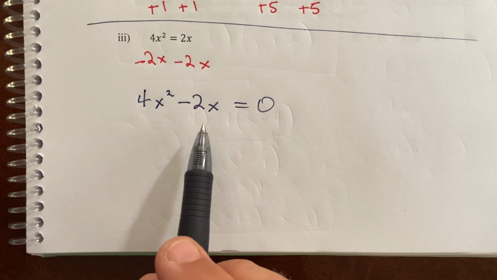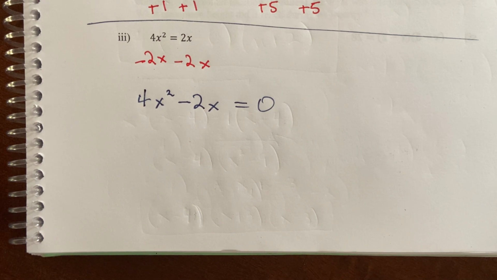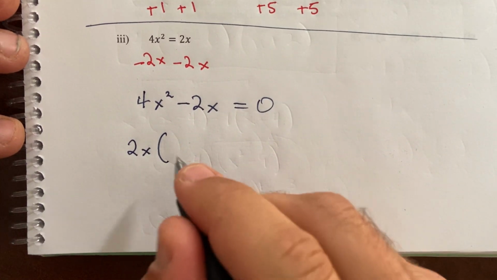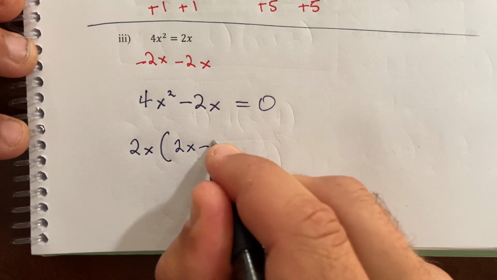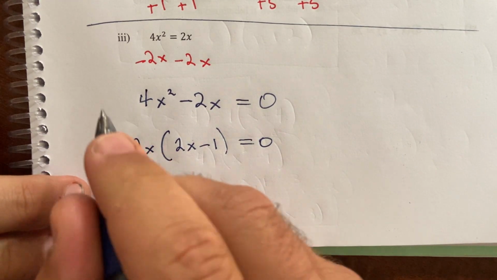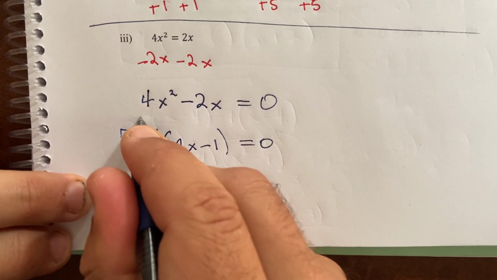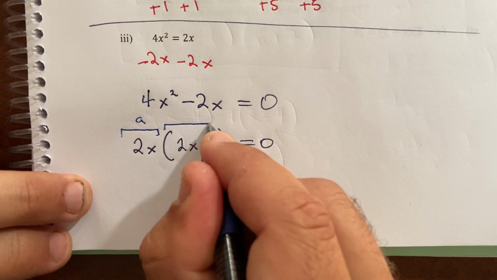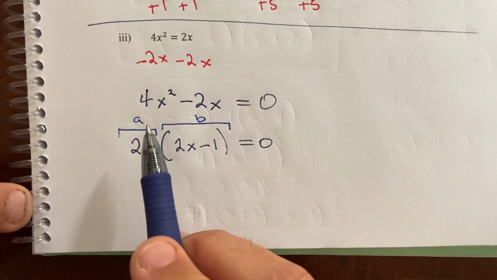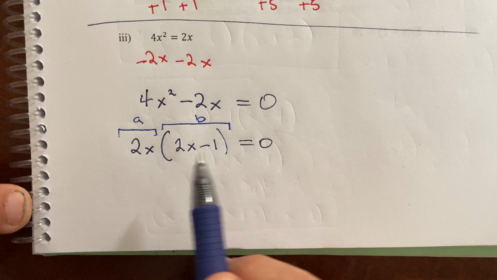We have a 4x squared, a -2x, so I can factor out a 2x, leaving behind a 2x minus 1. It looks a little different, but this is now playing the role of A, this is playing the role of B, and here's my 0. So I have A times B equals 0.